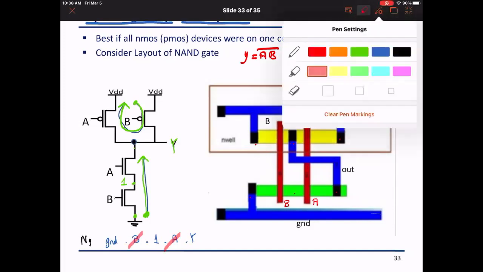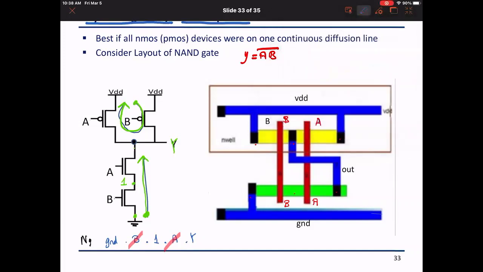Now, when I want to look at how I visited the PMOS path, let us see what we visited there. For the PMOS path, I started from here. So I visited VDD, I visited transistor B, then I visited node Y here, then I continued my circle, I passed by transistor A, then I visited VDD again.